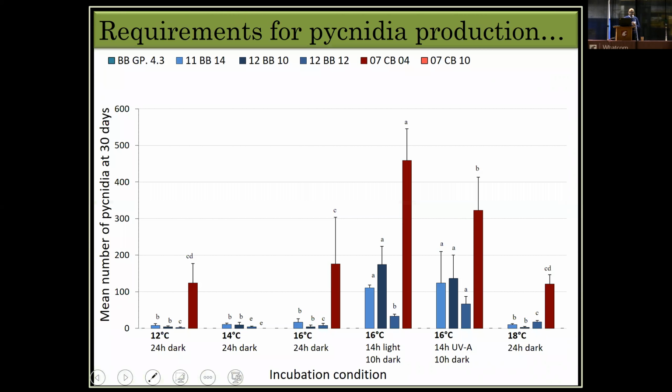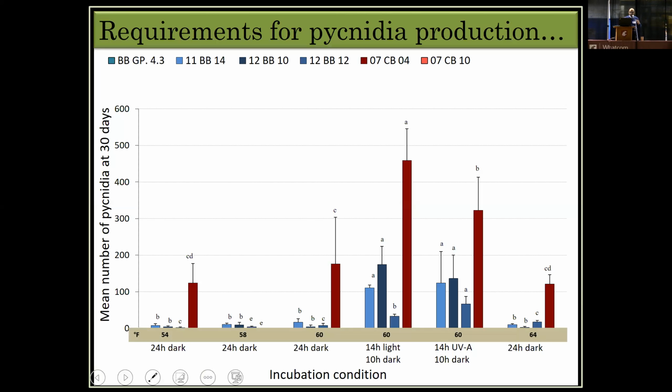The spore production is maximum around 16 degrees, but compared to 24-hour darkness, the 14-hour light period and at least 14-hour near UV light produce more conidia. So the most active production of pycnidia is happening around that time frame.